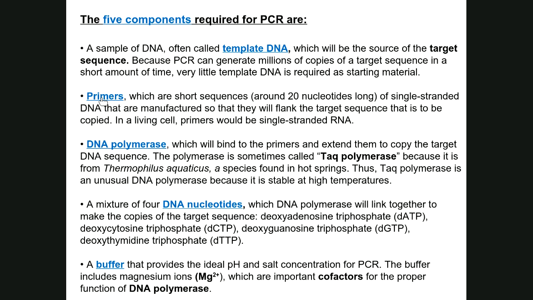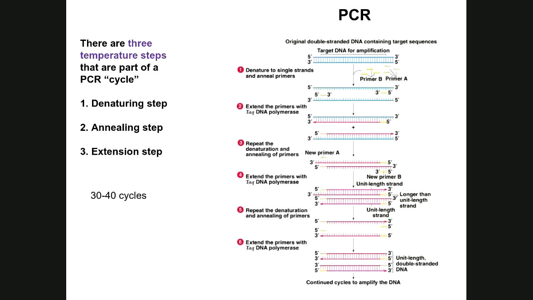And these DNA primers are what are going to recognize your target DNA sequence. And when they bind to that target sequence, they don't bind just anywhere. They bind to where they flank the sequence.